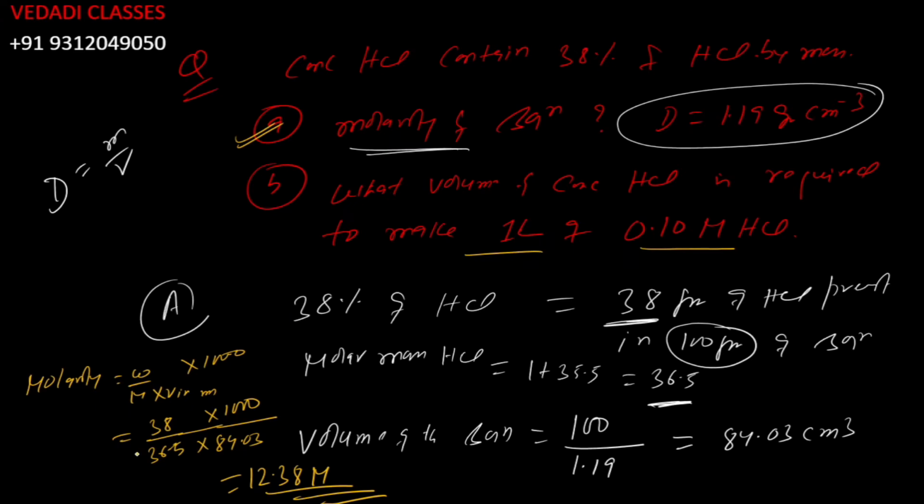Have a look here. The molarity of the solution we got. So what is the question asking? Suppose the molarity we got is M1, and how much volume you have to dilute.